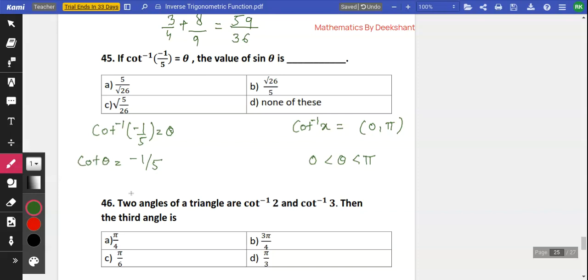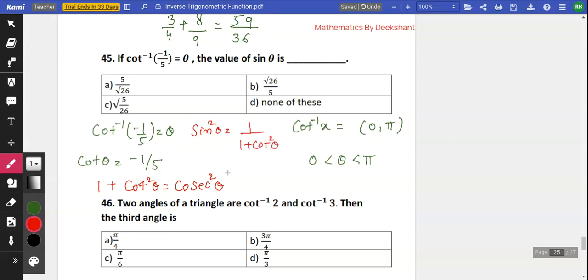Okay, we try to solve this question again using the formula 1 plus cot square theta is equal to cosec square theta. We convert cosec square theta to 1 upon sine square theta. It means sine square theta is equal to 1 upon 1 plus cot square theta.